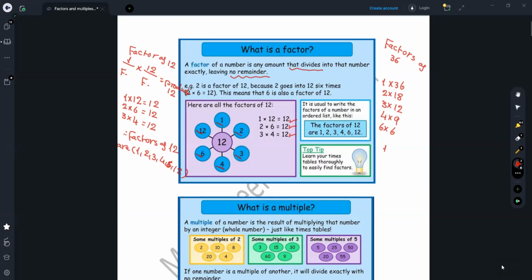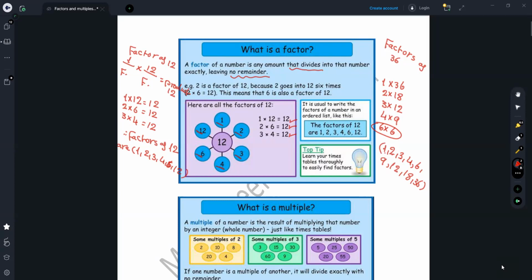I will take only one 6. So the factors of 36 are 1, 2, 3, 4, 6, 9, 12, 18, and 36.